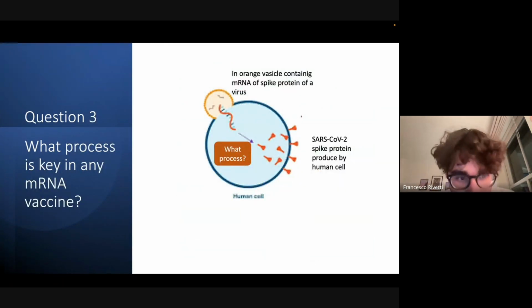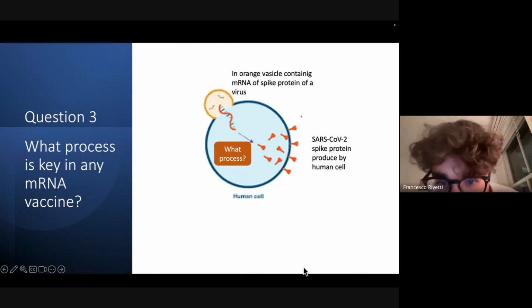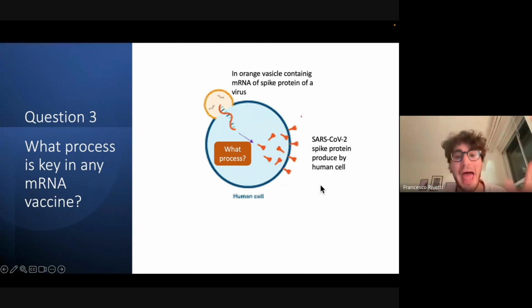Perfect. The last question is more applied, just to give an example that I think people will relate to. We all know about COVID and the mRNA vaccines. Now that we learned about the central dogma, does anybody want to walk through and describe how the mRNA vaccine actually works?